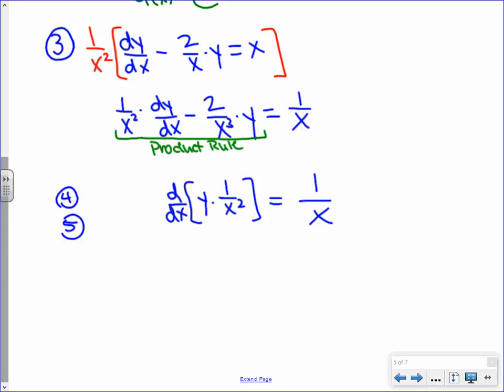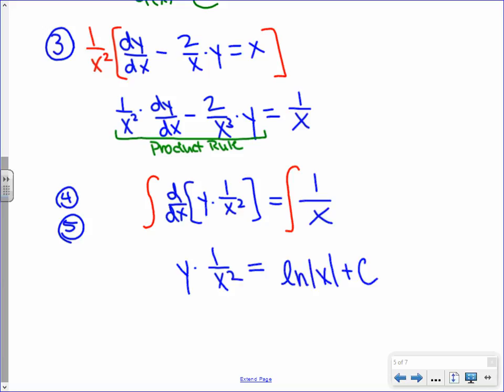Our fifth step is to integrate and solve for y. When we integrate here, we get y times 1 over x squared. Over here, natural log of x plus c. This one doesn't cancel out, right?